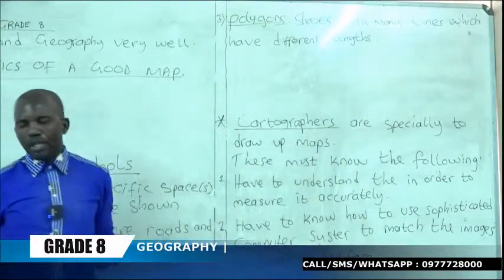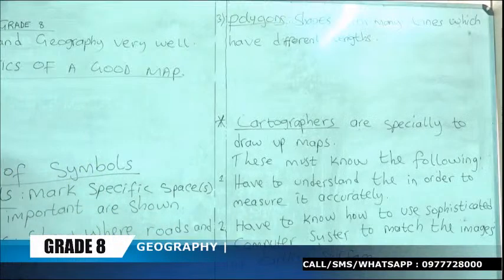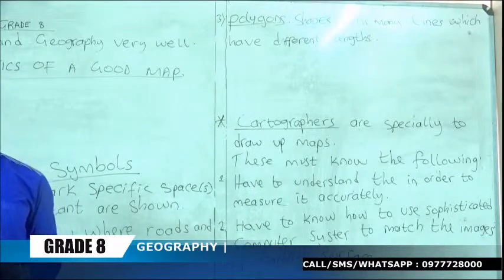Okay, so these are the 3 examples of symbols that we expect on the maps that we find.